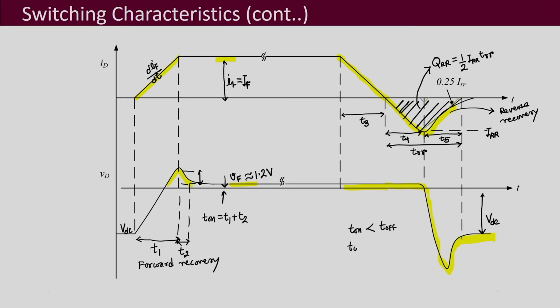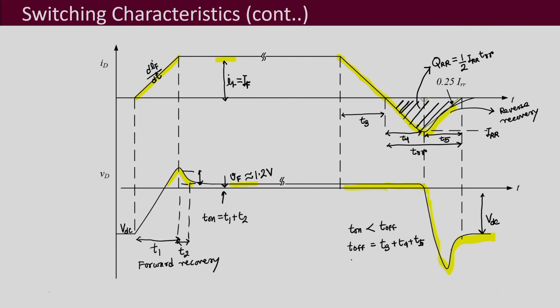And this off time, you can see, is the sum of T3, T4 plus T5, and in that the one which is dominating is going to be your TRR, the reverse recovery time.